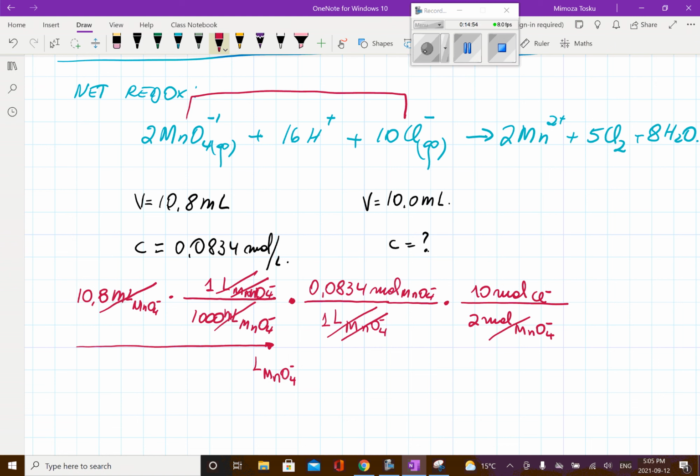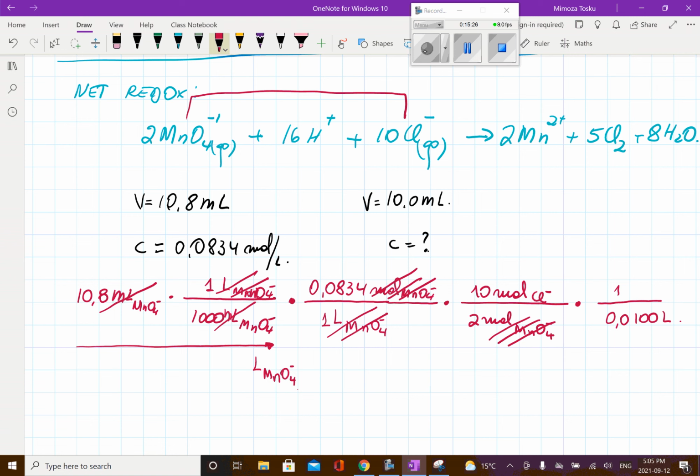So moles of permanganate and moles of permanganate cancel out, and this is divided by the 10 milliliters of volume, or 0.010 liters.